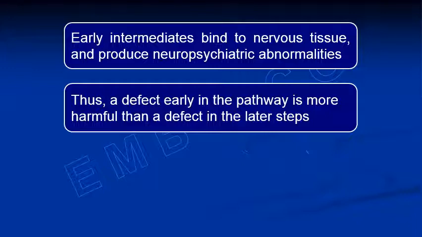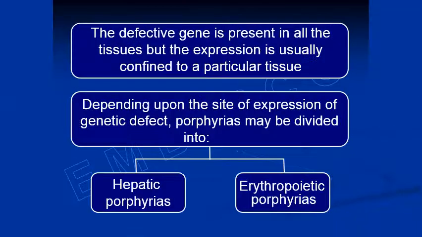So for these porphyrias, the defective gene is basically found in a particular type of tissue. They will mainly cause expression in particular tissues, and depending on their site of expression, we have two kinds of porphyrias: hepatic porphyrias and erythropoietic porphyrias.